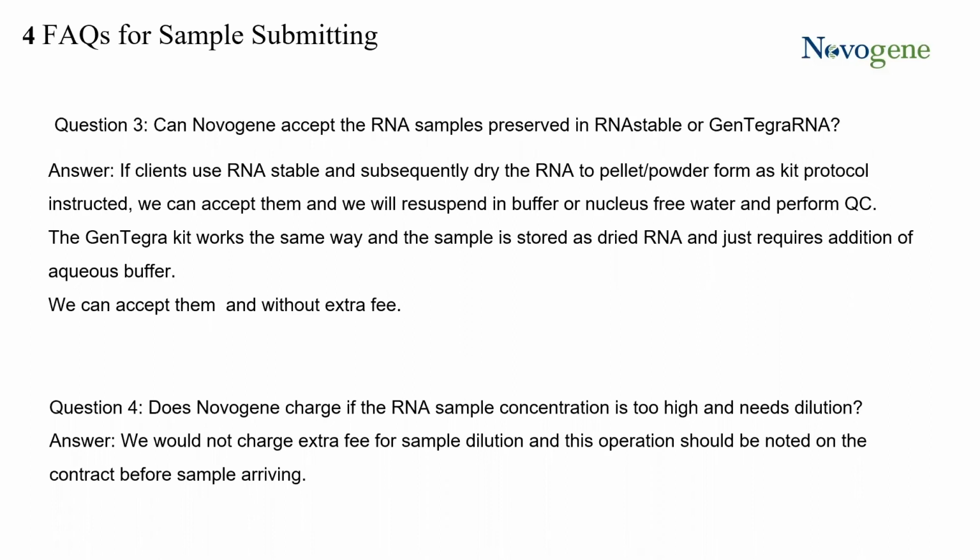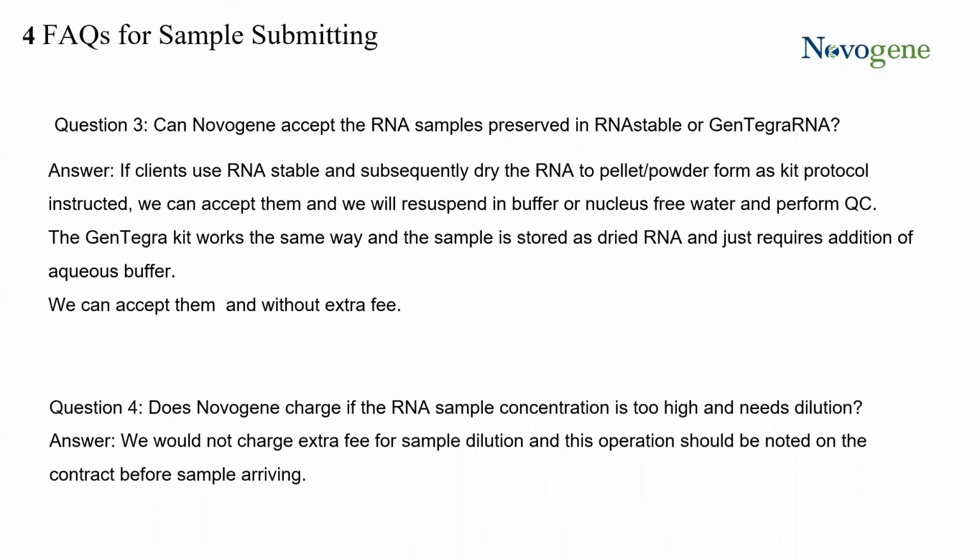Please follow the manufacturer protocol for pelleting the RNA. Once we receive the RNA pellet, we resuspend in a buffer or nuclease-free water and perform the QC. So we do accept RNA in the pellet form or the powder form, and we do not charge any extra fees for resuspending your pellet back in the RNase-free water.